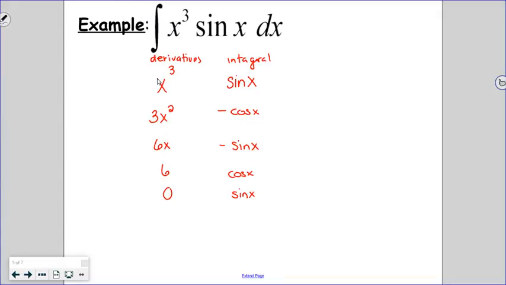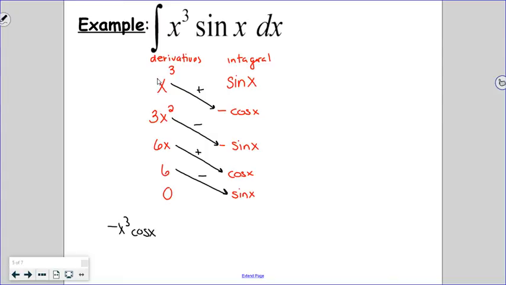Okay, starting at the top, in the derivatives column, we go in diagonals all the way down and alternate signs, positive, negative, or add, subtract, always starting at add, okay? So although I am adding this first term, the negative cosine as I multiply will give me a negative term. So negative x cubed cosine x.